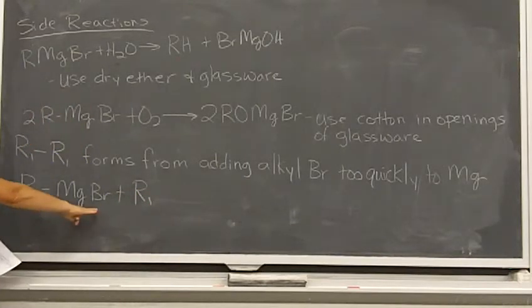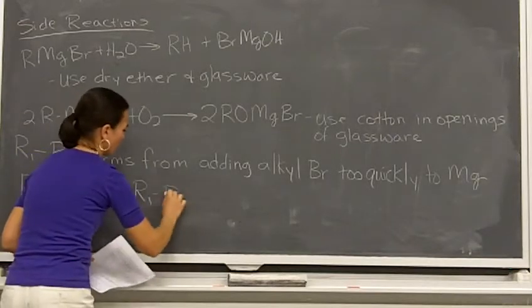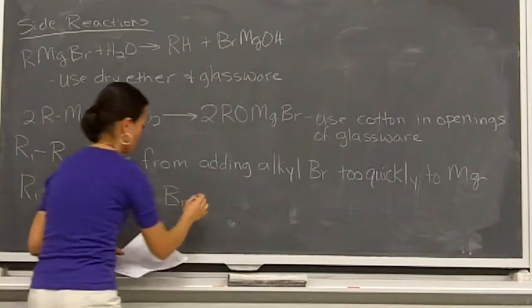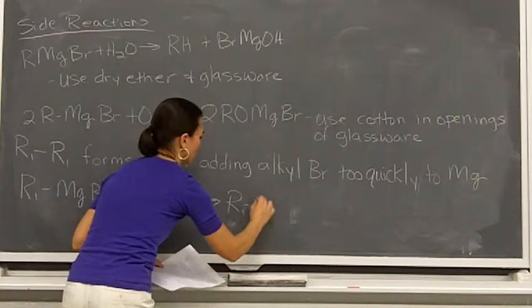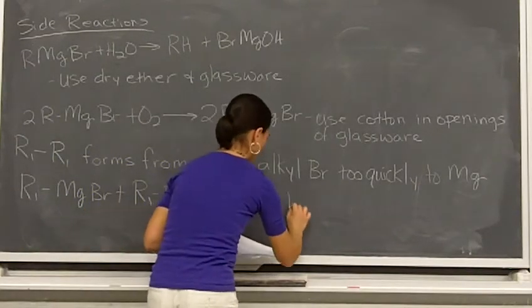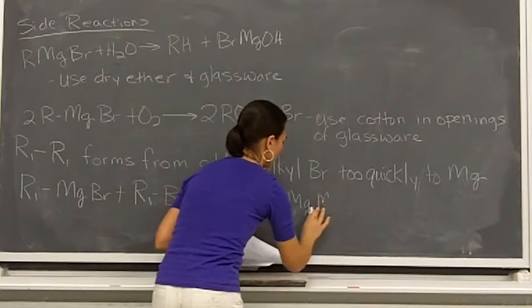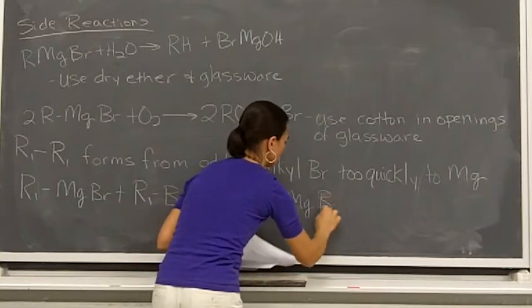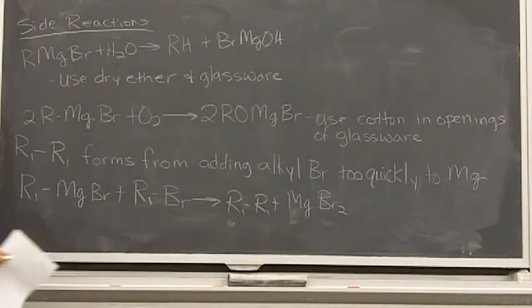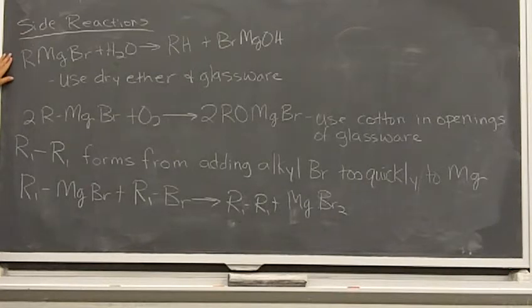So we formed alkyl magnesium bromide, and then we've still got alkyl bromide around. We'll form magnesium bromide out of that, okay? And so here, we're going to keep the water out to prevent this side reaction. Here, we're going to keep the oxygen out as best we can to prevent this side reaction. Here, we're going to add our alkyl bromide dropwise to our magnesium so we don't ever have a high concentration of alkyl bromide that's not reacting.